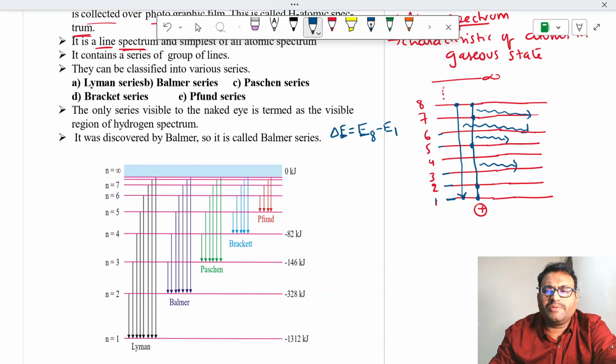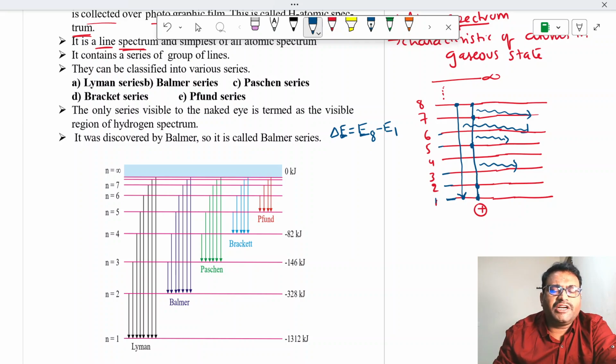If all those possibilities are considered, and during each de-excitation it is releasing energy in the form of a spectral line, and if all those de-excitations are considered, it is found that there are 5 series of spectral lines.